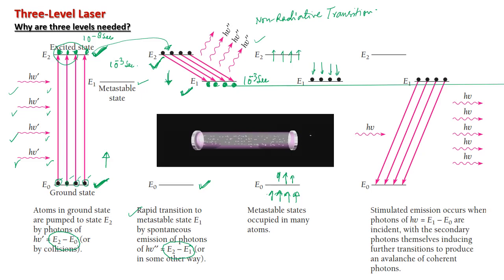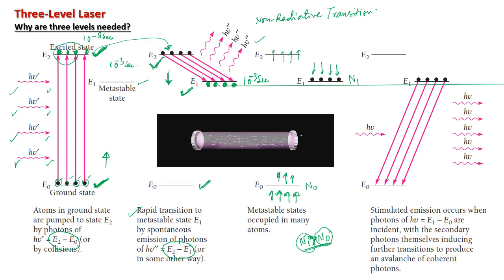So naturally we achieve more atoms in state N1 as compared to the ground state. Here the condition is N1 greater than N0. When at least more than half of the atoms which were in N0 are in N1, we achieve population inversion. Then we stimulate the emission.